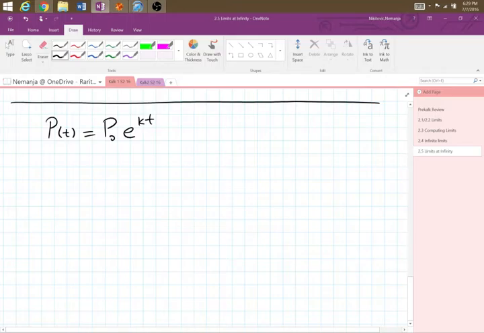Now looking at this particular population model, you see that it is not viable to use in the long run for the human population on Earth, for one reason: the end behavior of this function is that as t goes to positive infinity, the population will go to positive infinity.